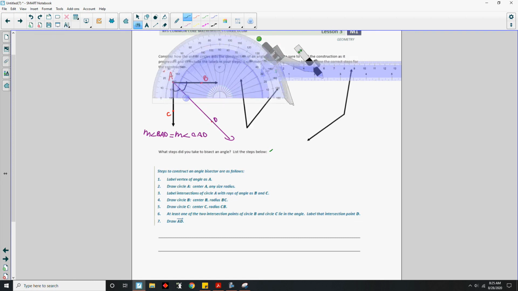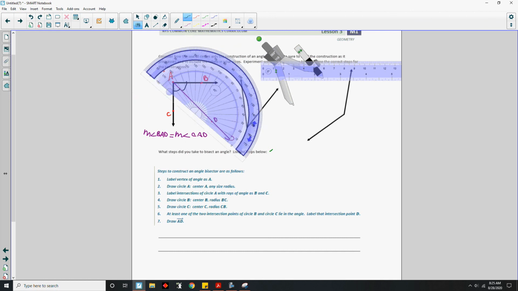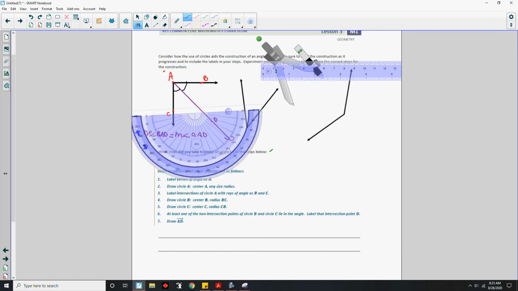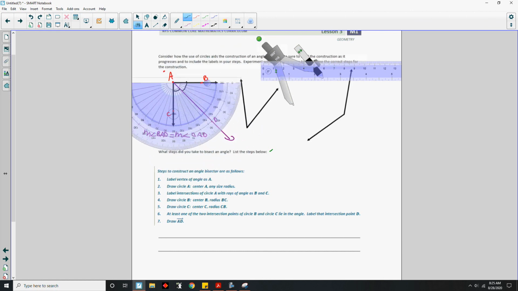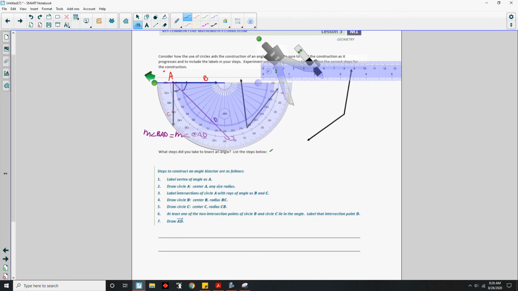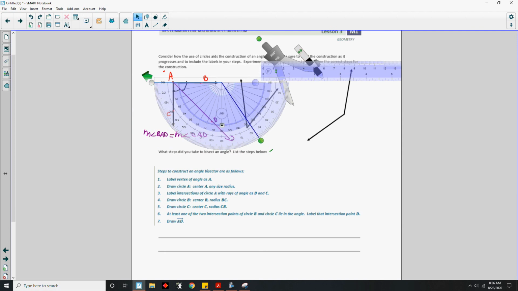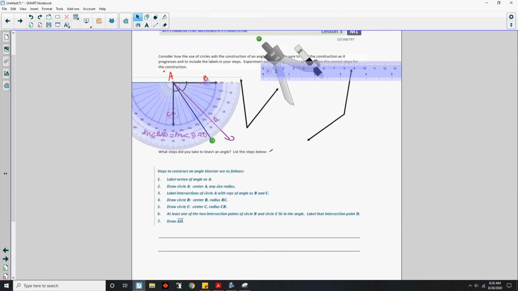I could bring in my protractor and rotate it around and put my protractor crosshairs right on A like so, and then measure that angle. Oh, my thing's over here. This is my angle measurement thing.